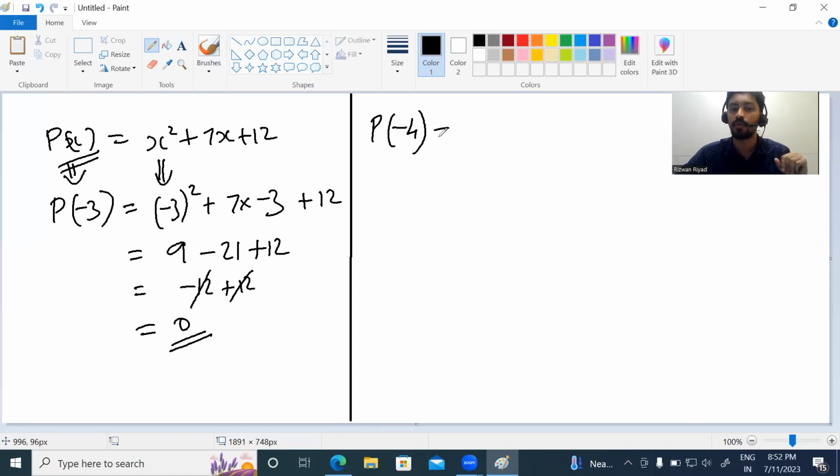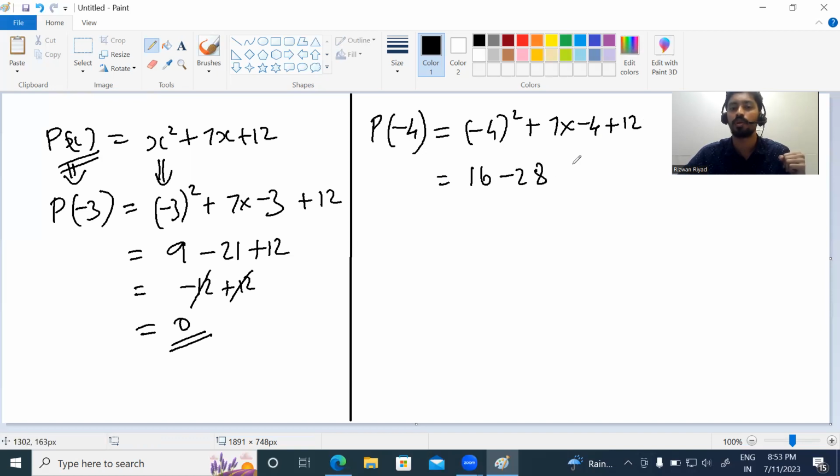That is equal to, first, x square becomes minus 4 square, plus 7x becomes 7 into minus 4, plus 12. Minus 4 square is 16, plus 7 into minus 4 is minus 28.